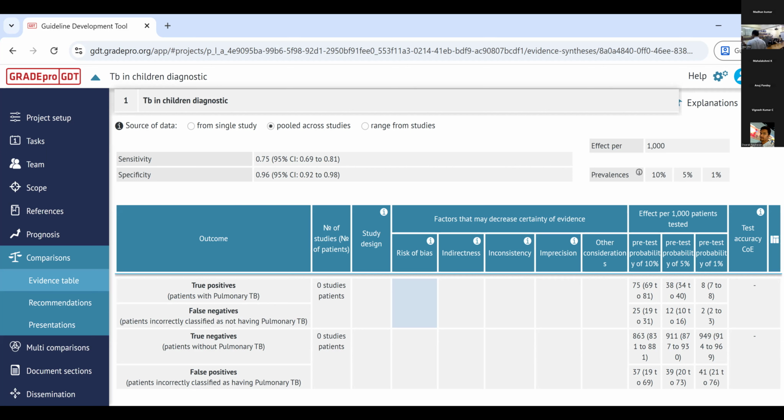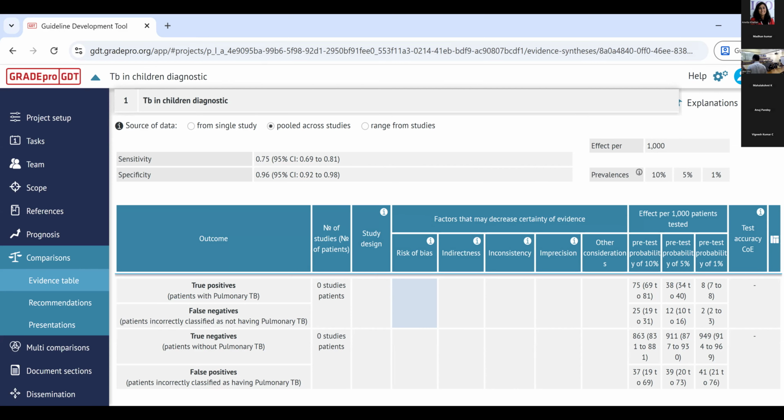We can assume how this test would work in a setting where the prevalence is 5%. We can look at what will be the predictive values when the prevalence is 10%, 15%. So it's up to us to decide on what prevalence we need to choose. Suppose it is a very high prevalent locality in Africa where you expect the prevalence to be much higher, you are free to put that in as one of the options and see how your test is going to perform in that setting.